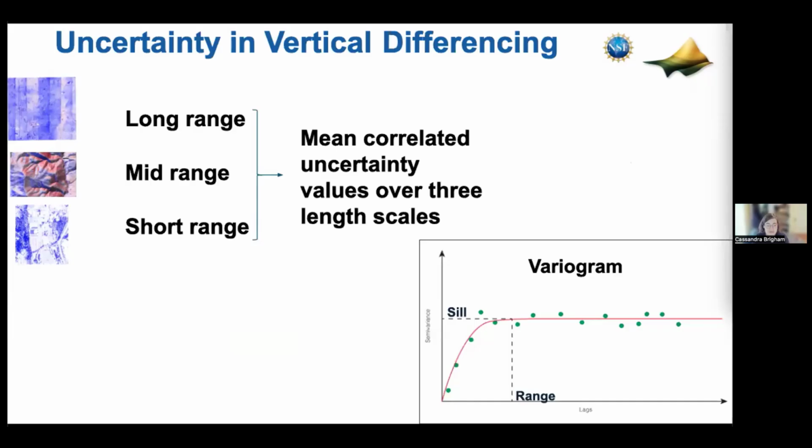So again, we want to find those characteristic correlation lengths of the uncertainty, especially at the different scales of uncertainty. For that, we're going to use a tool called a variogram. So variograms are a tool in geostatistics to explore the spatial relationship between data points and how that changes over distance. The variogram is defined by the variance difference between data values at two locations, plotted as a function of the distance between those two locations.